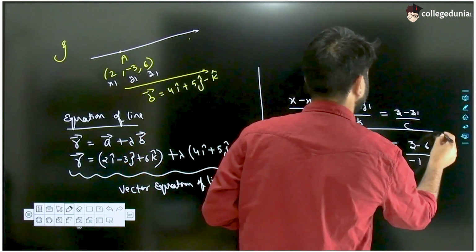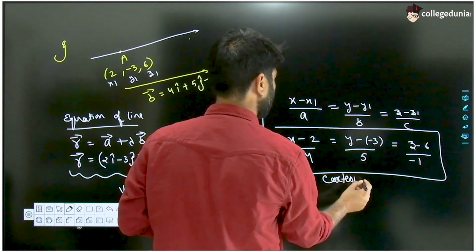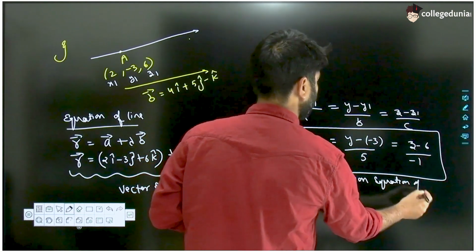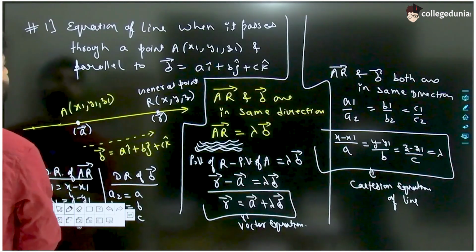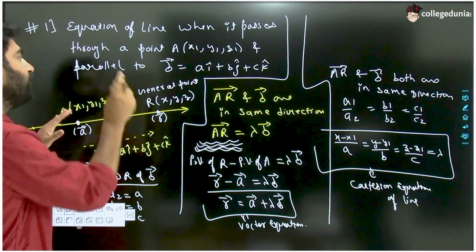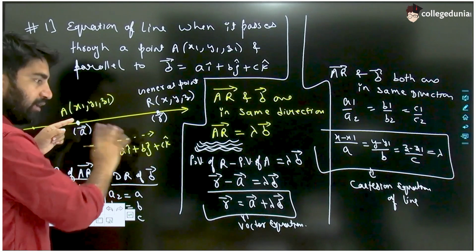So guys, this is the Cartesian equation of the line. This was the first case of finding the equation of a line when it was passing through one given point and was parallel to a given vector.